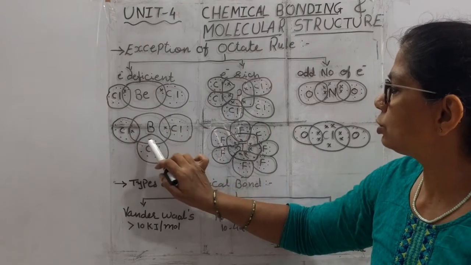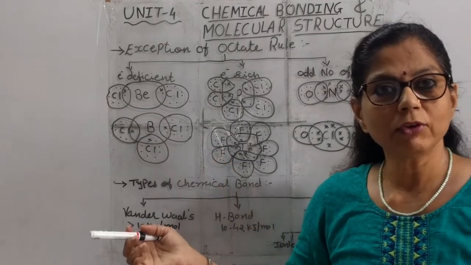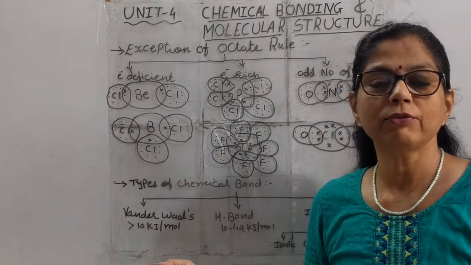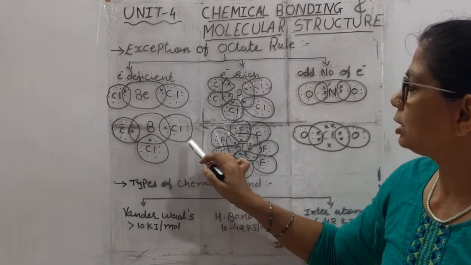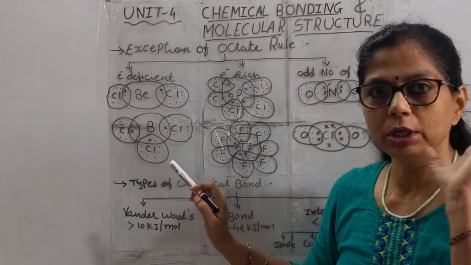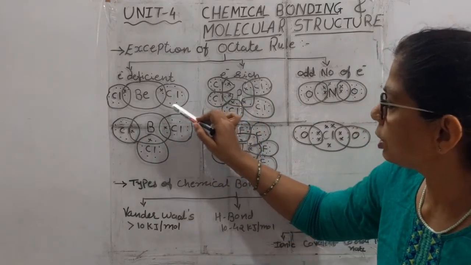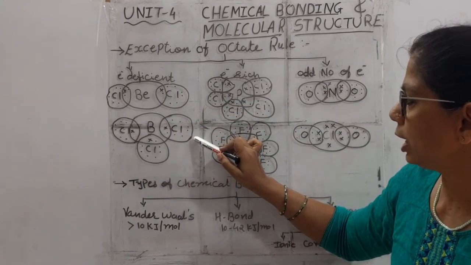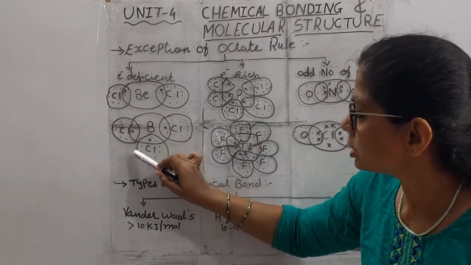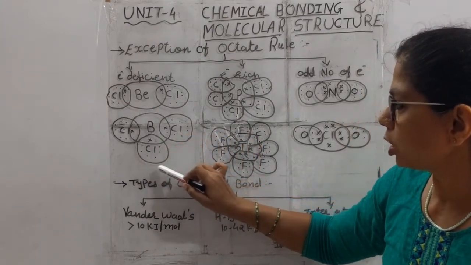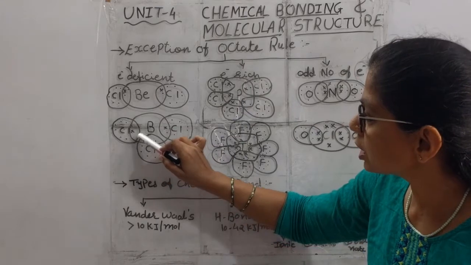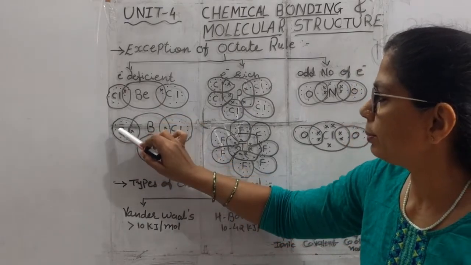So boron 1, 2 and 3, and the same way chlorine has 7 valence electrons, shown by putting dots. You can see here also, student, this chlorine has 8 electrons. This also follows the octet rule completely. This also follows the octet rule completely.